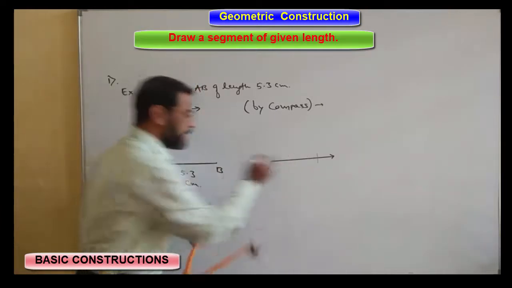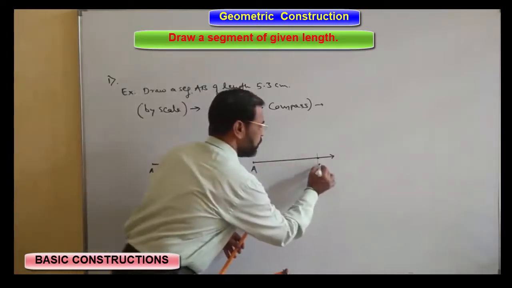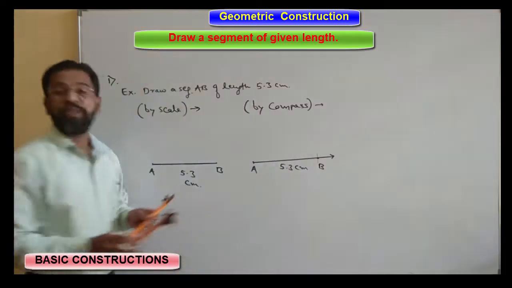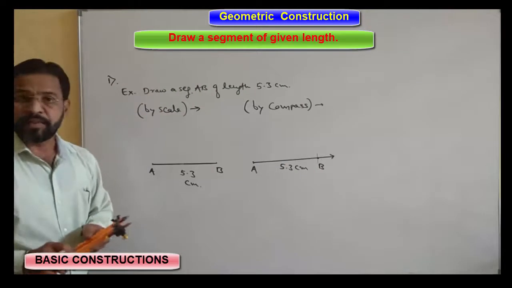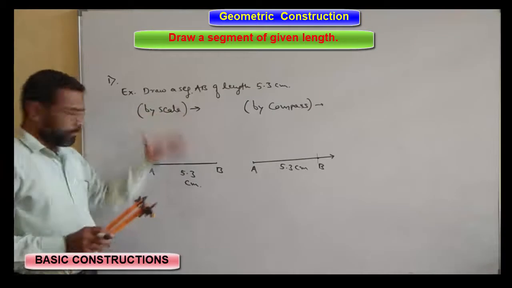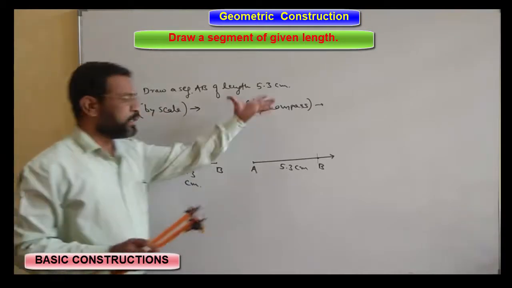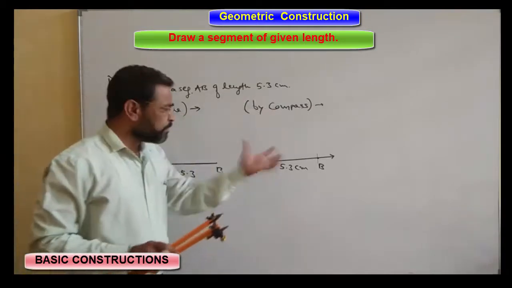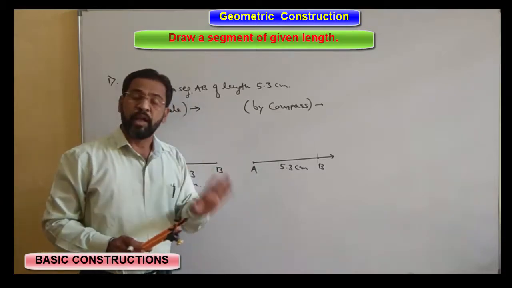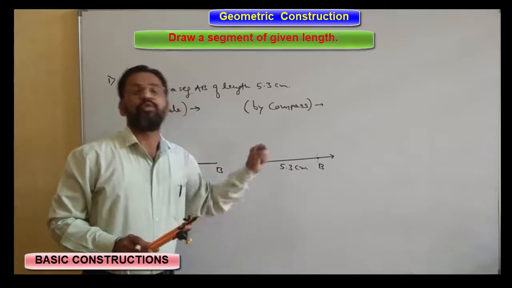Okay, so that point is what? B. This is of length 5.3 centimeter. Understand friends? Like this, this is the first one, using scale and here by using compass. Not only compass, here we also used scale, but the compass we also have to use here.